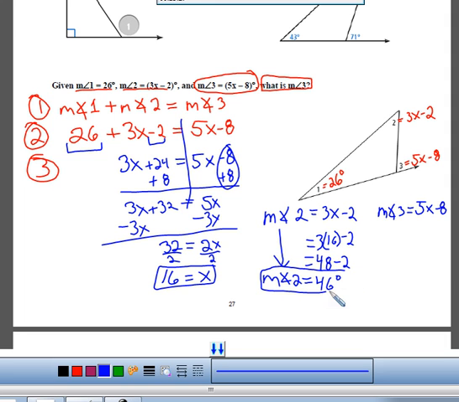So I have that. That's not my final answer yet. Measure of angle 3 is 5 times 16 minus 8, and all of you know that 5 times 16 is 80, and 80 minus 8 is the measure of angle 3, 72.